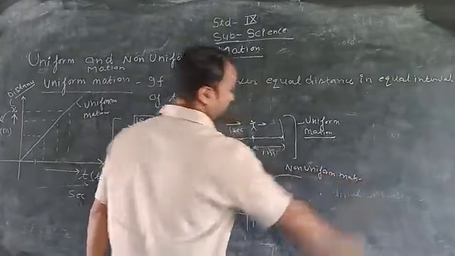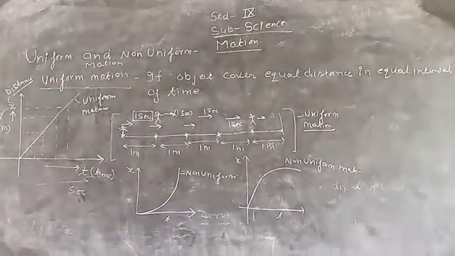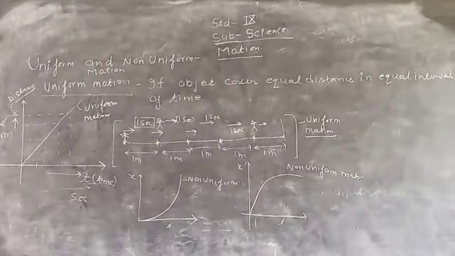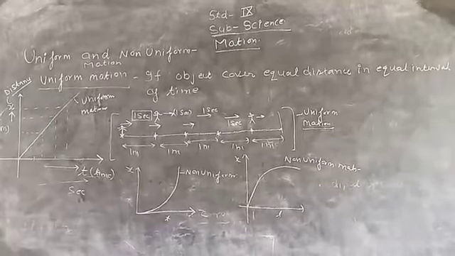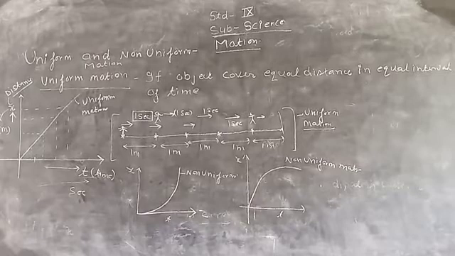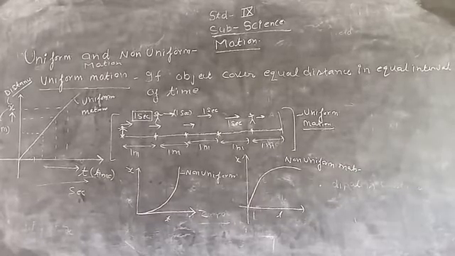So we have discussed the basic graphs and basic ideas of uniform motion and the non-uniform motion graph. In non-uniform motion the velocity changes continuously, and in uniform motion the velocity is constant.